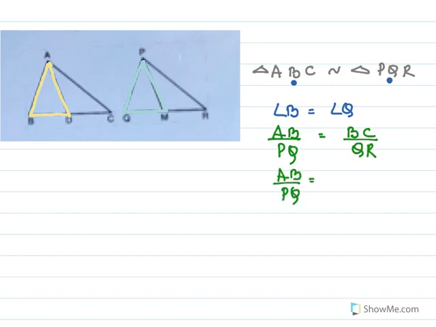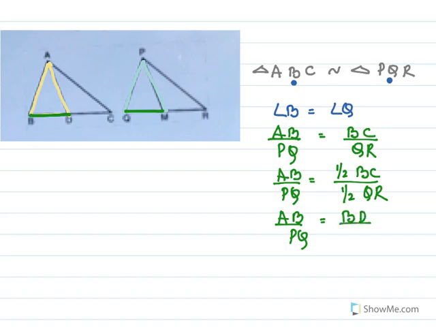For BC, I can write half BC, multiplying half in the numerator and the denominator. The fraction does not change. So what is half of BC? Look up in the figure and see. Half of BC is BD, and half of QR is QM.